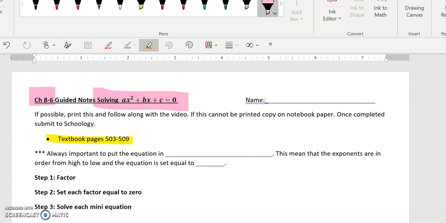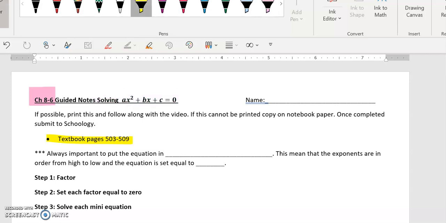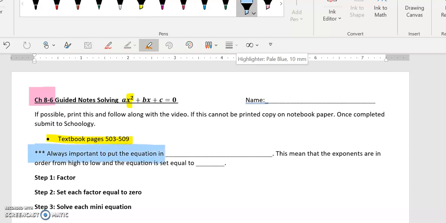When it comes to quadratics, like I said in a previous video, it's called a quadratic because the independent variable x is squared. It's really important to put the equation into standard form.